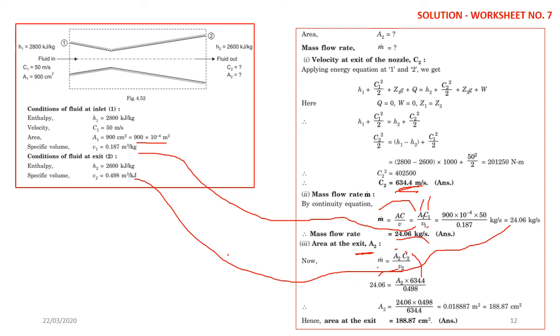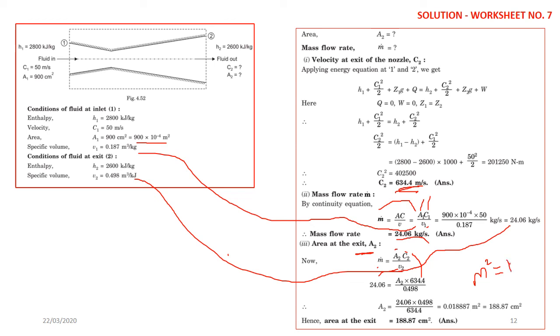We cross multiply, do the mathematics using a calculator, and you will get the A2 area. It will be in meter square, right? Then convert to centimeter square. How to convert meter square to centimeter square? Maybe you forgot.